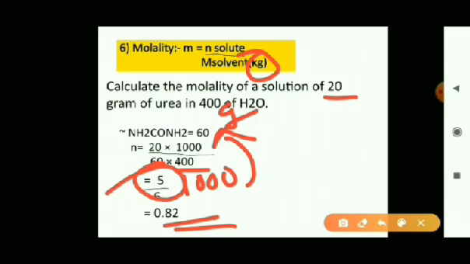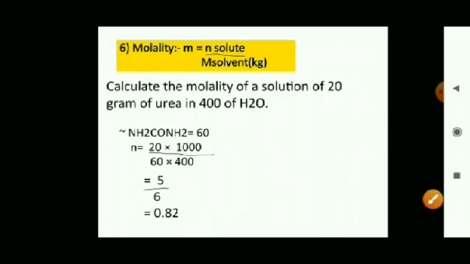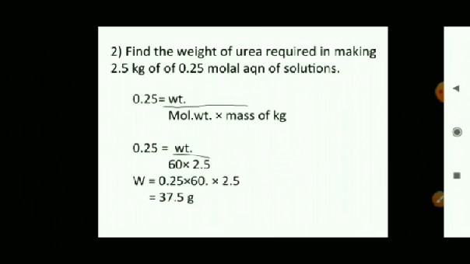Okay, so this is how we find the molality of a solution by using this formula. Hope you understood till this much. Then we will go with the second example using the NCERT textbook.